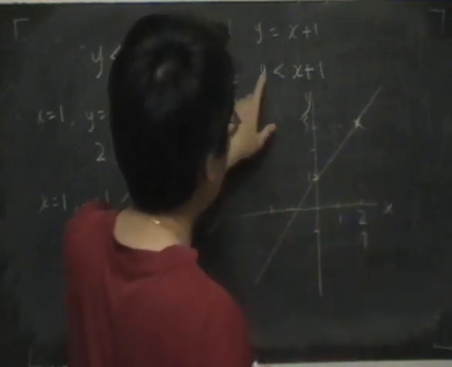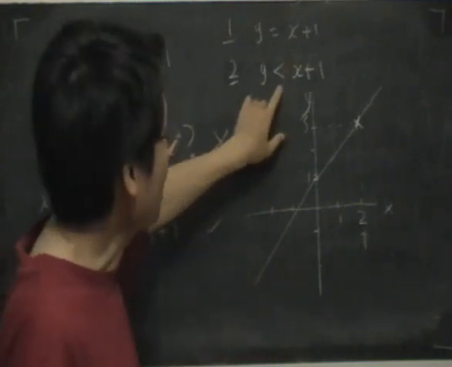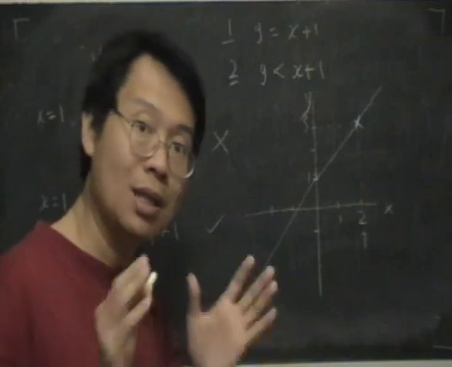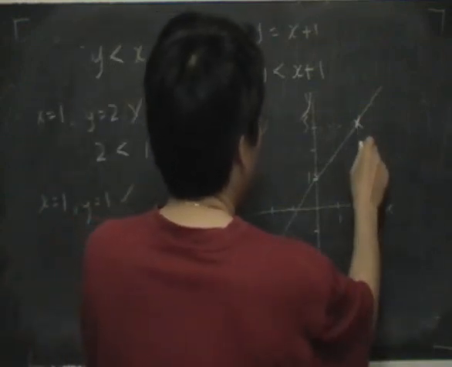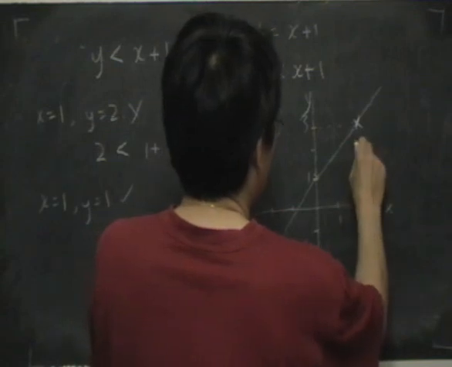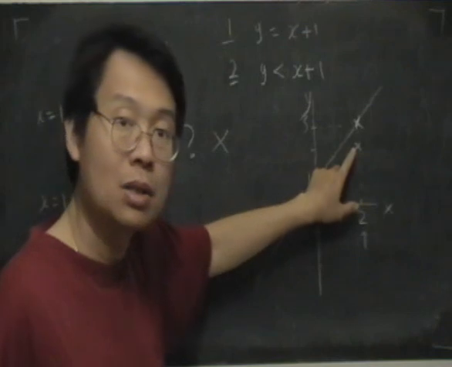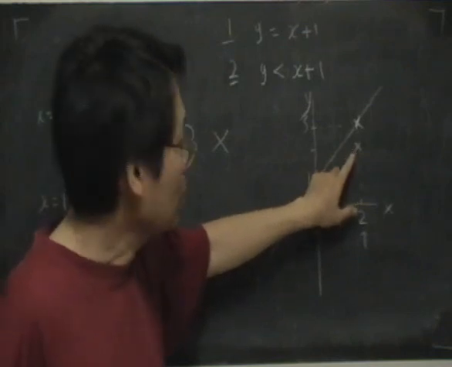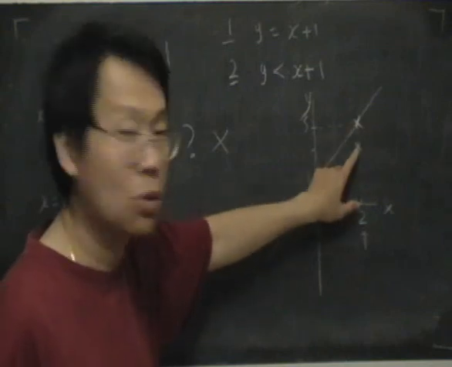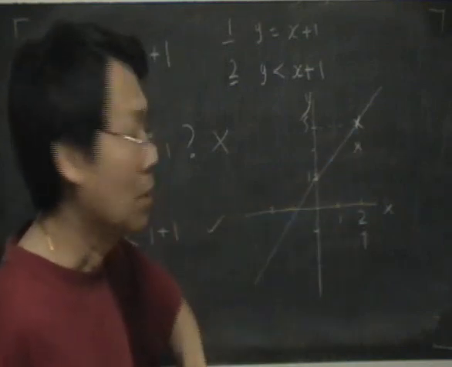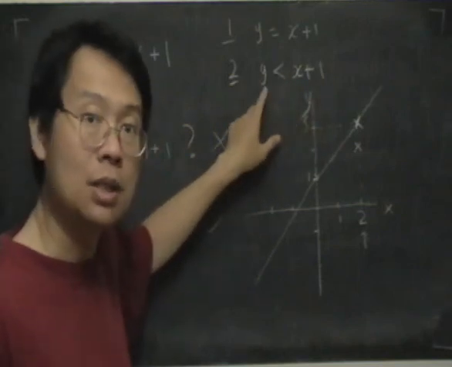But here, with the less than sign, y must be less than x plus 1. So I must have a smaller value of y, like a point there. A point there would have a y that is smaller than 3, so it wouldn't be on the line, and it would satisfy this inequality.